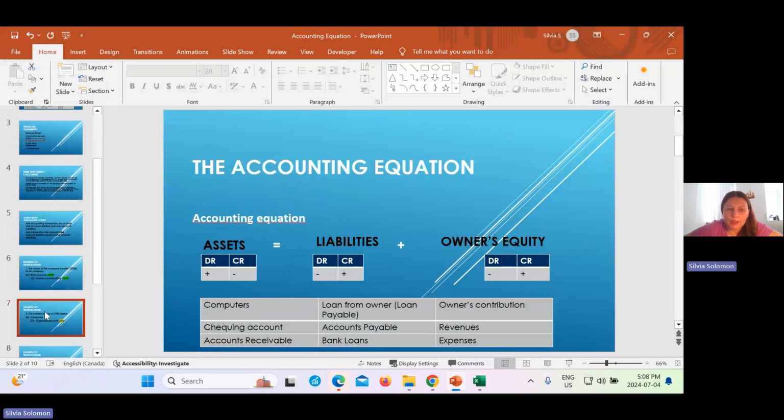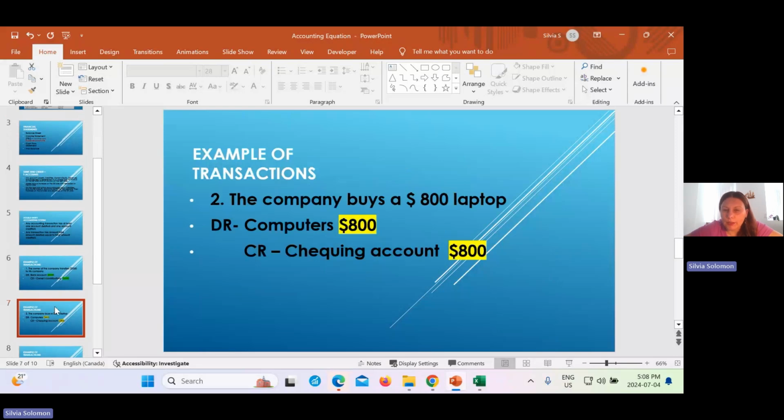So the next example is the company buys an $800 laptop. The laptop is an asset, so we have created an account called computers, and we debit because we increase the value in the computers, 800. We suppose that we don't go into details right now.